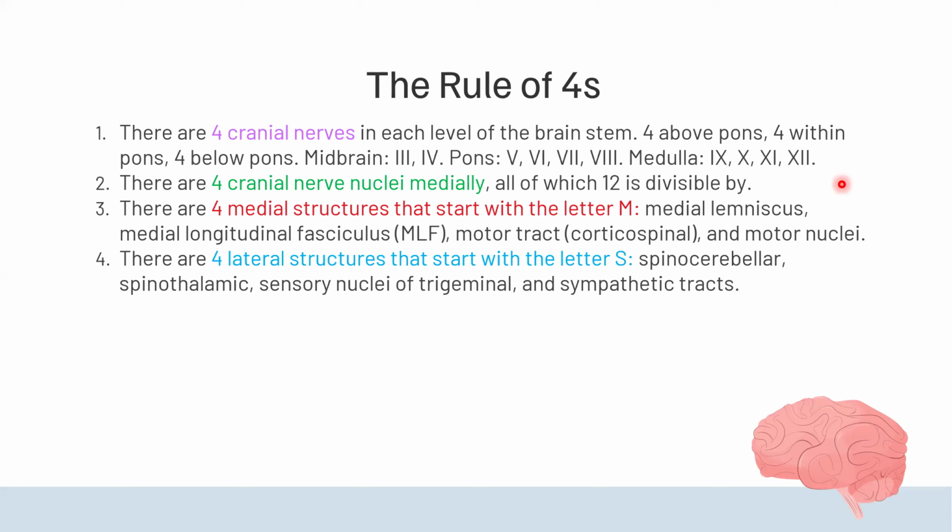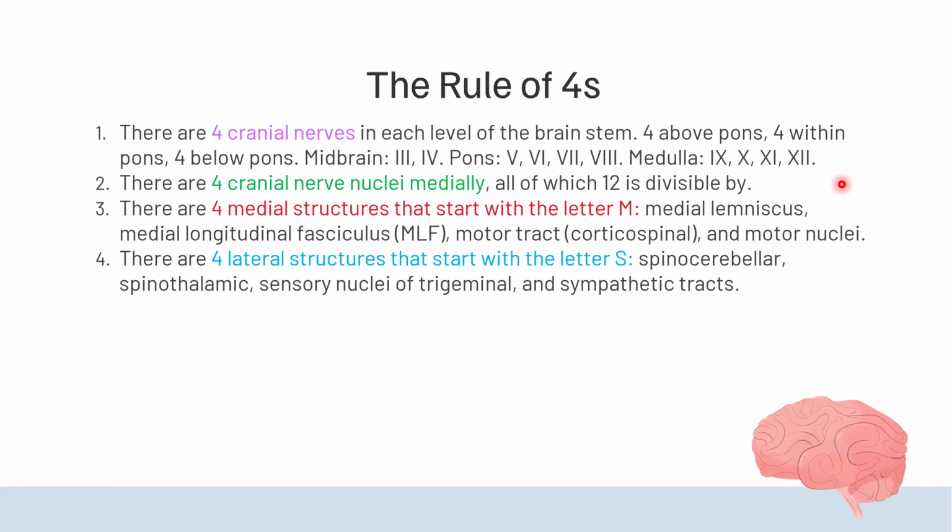The third rule within the rule of fours is that we have 4 structures that start with the letter M that are medial. So we have our motor tract, the corticospinal, the motor nuclei, i.e. 3, 4, 6, and 12. And then we have our medial lemniscus, okay? And we have our medial longitudinal fasciculus, which is our MLF that is responsible for the communication that leads to the vestibulo-ocular reflex.